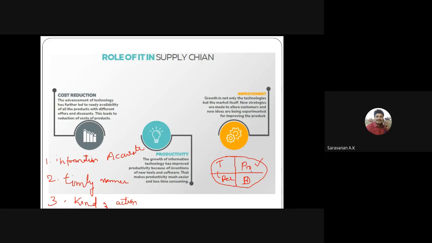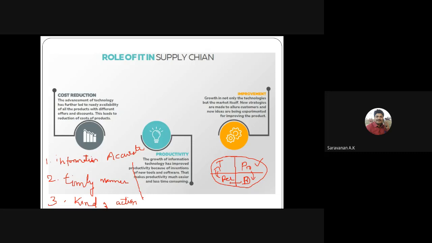Then where we have to supply, we have to deliver the correct product to the correct person at the correct time, right? So it is the objective of the supply chain network. So these four will be incorporated with the three characteristics. The correct information, the accurate information that has to pass.